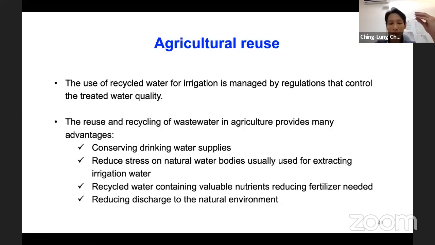Because if the water still has some contaminant or pollutant in it and you use this water for agricultural purposes, then, for example, the vegetables will take up or absorb some of the contaminant, and when we eat the vegetables, it means we will also take the pollutant into our body.